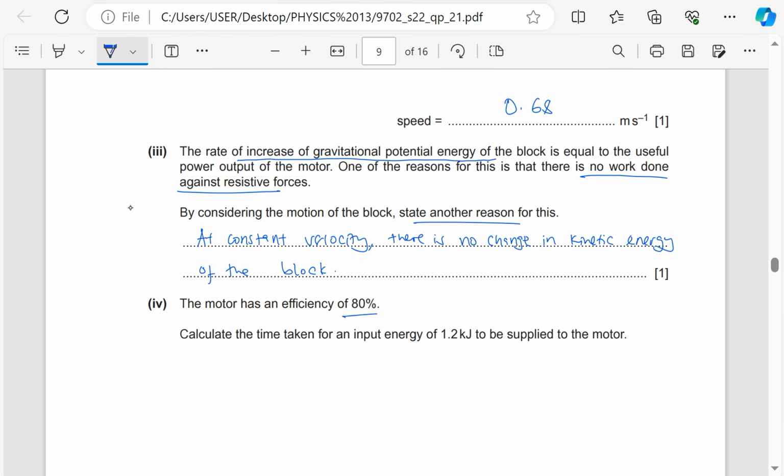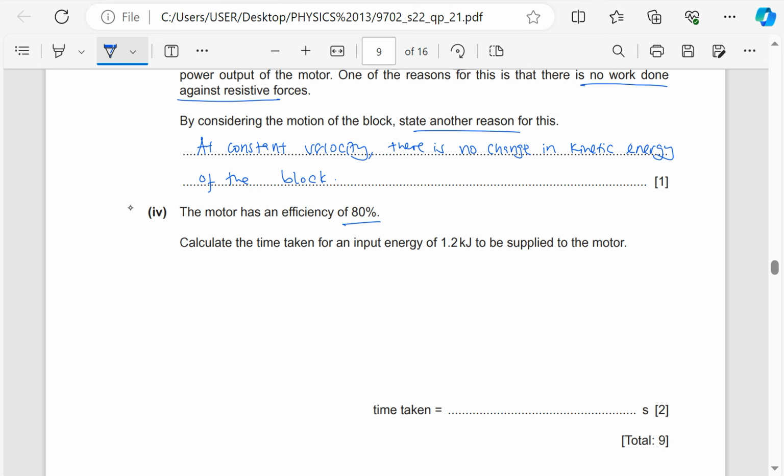The motor has an efficiency of 80%. Calculate the time taken for an input energy of 1.2 kilojoules to be supplied to the motor. We know that efficiency is equal to the power output divided by the power input. Of course, if you want, multiply this by 100. So the efficiency has been given by 80%, which is 0.8.